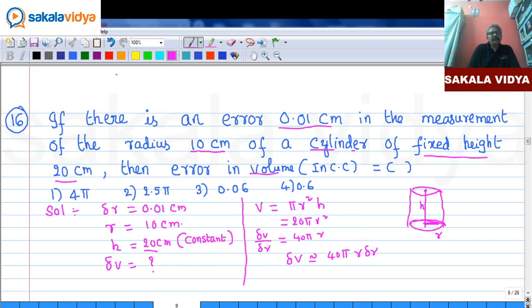We know the r value and delta r value, so let us substitute: 40 pi multiplied by r is 10 into 0.01. So approximately 10 into 0.01 is 0.1, into 40 is 4, that is 4 pi cubic centimeter. So the first option is the right option.